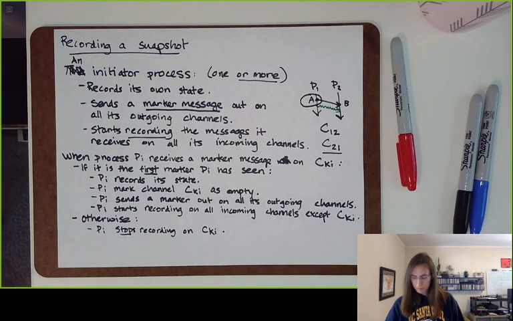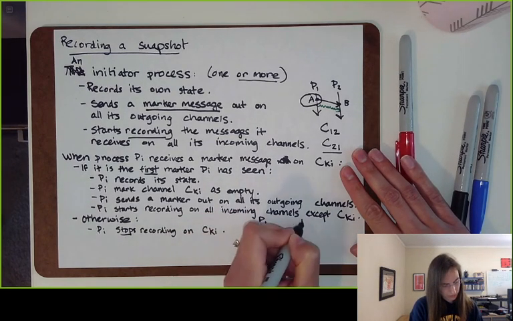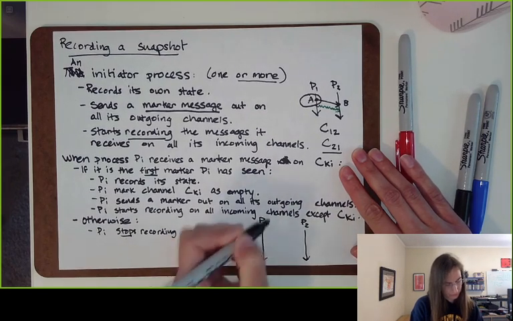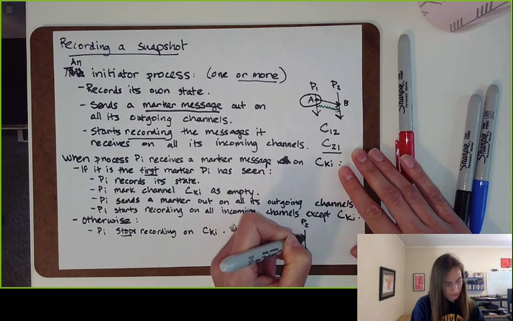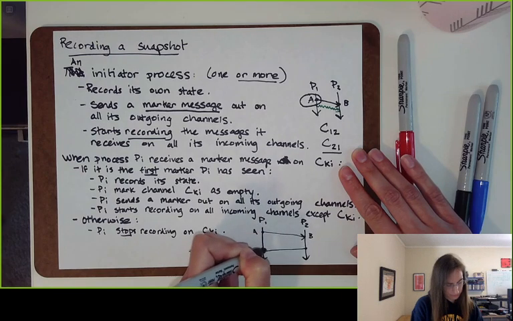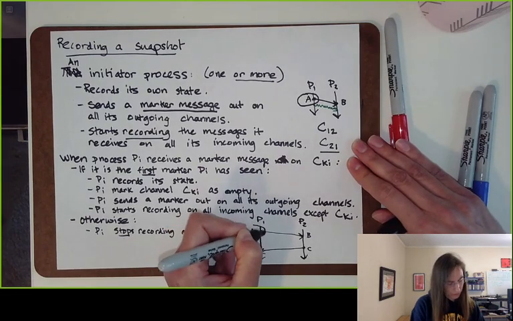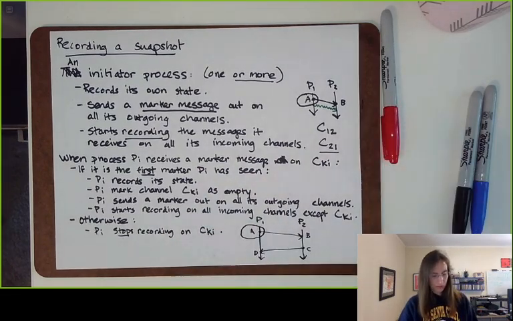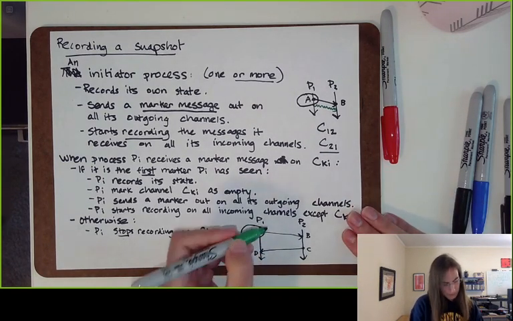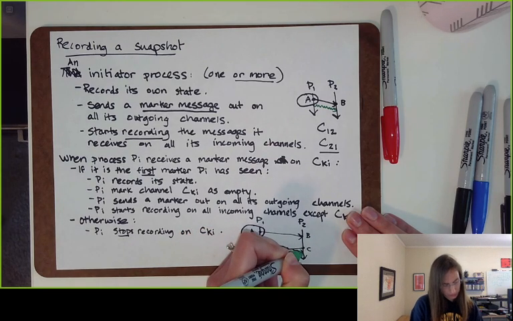In our example, let's throw another message in just to make it a little bit more interesting. So we have this first message, and then let's say we have another one here. P1 was the initiator. It recorded its state like we talked about before, and it sent a marker message. Maybe the marker message took a little while to arrive, so let's say that it arrived right here.